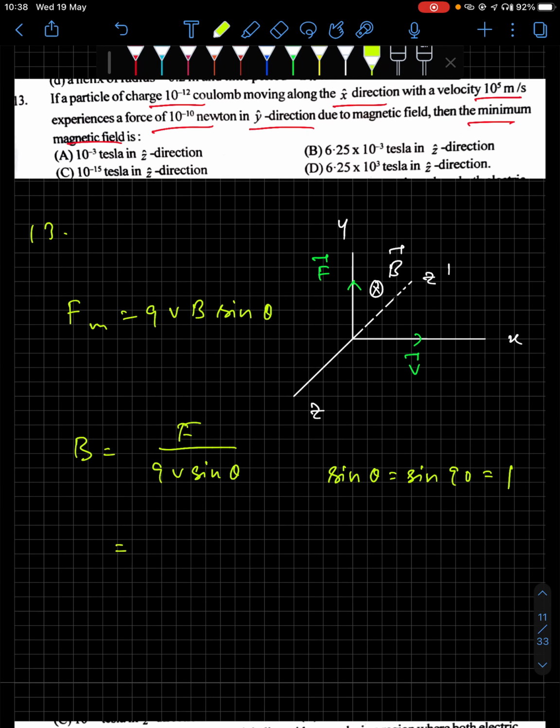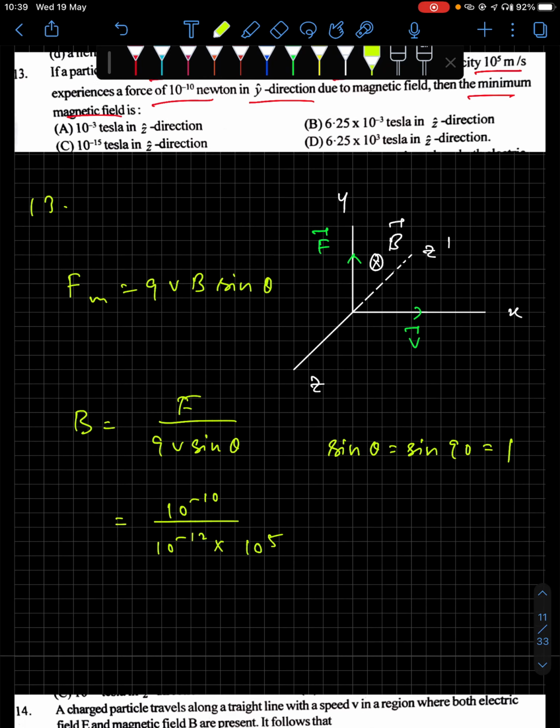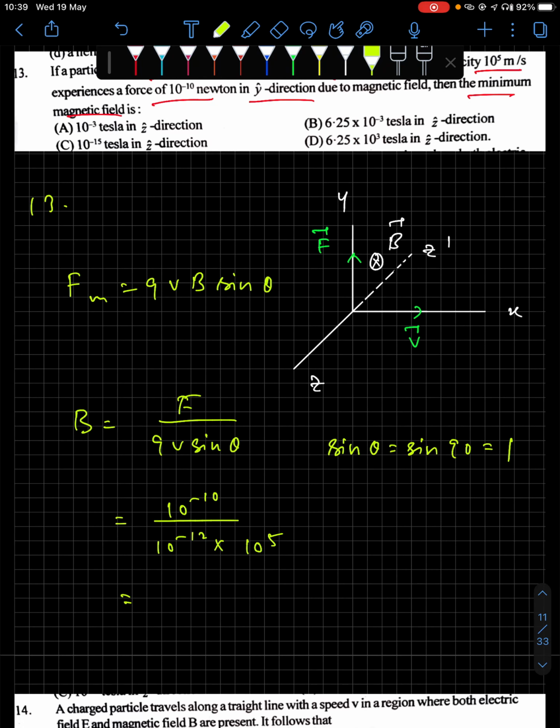Now if you put the values, force is given as 10 to the power minus 10, charge as 10 to the power minus 12, and speed as 10 to the power 5. You do the calculation and you get the answer as 10 to the power minus 3 along the negative z direction.